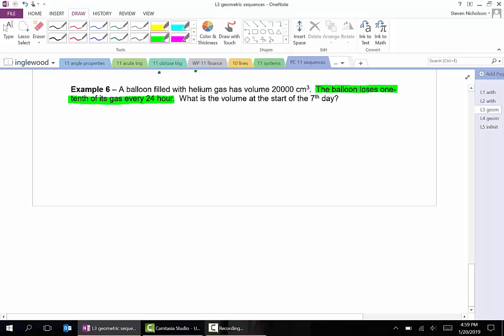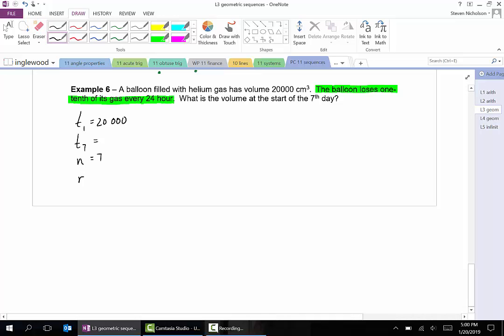And we have to use that information to identify one of the things we don't know. So let's go ahead and write what we know. Well, a balloon is filled with that amount of gas. So obviously that's our starting point. That's our initial value. And we want to figure out T7. So therefore we know n is 7.